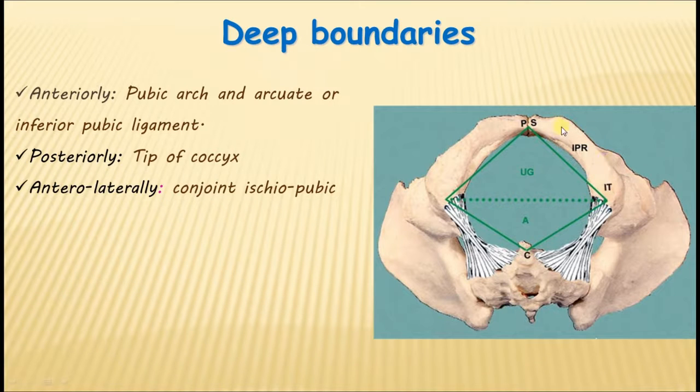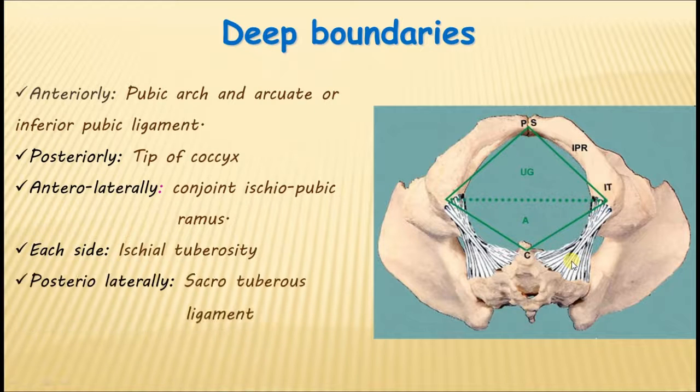This is the conjoined ischiopubic rami, and that is the ischial tuberosity. Posterolaterally, we see the sacrotuberous ligament. These are the deep or skeletal boundaries, which form the framework of the perineum and give attachment to the muscles of the perineum.